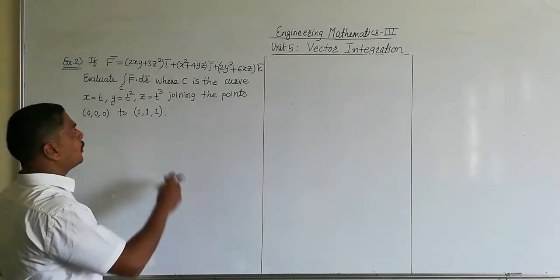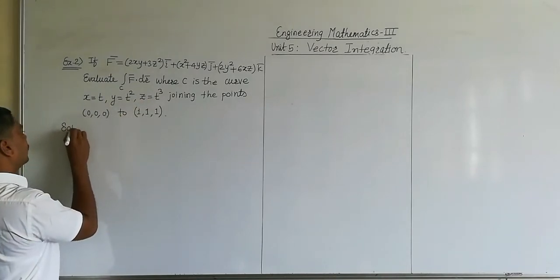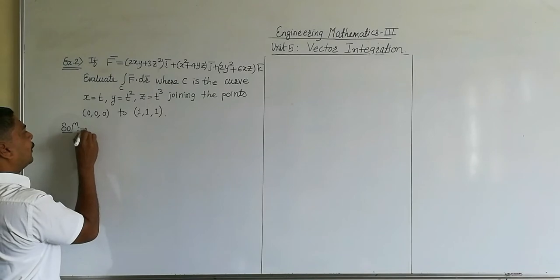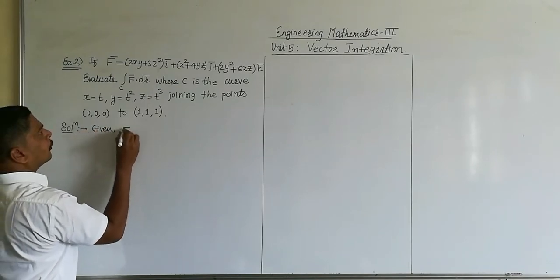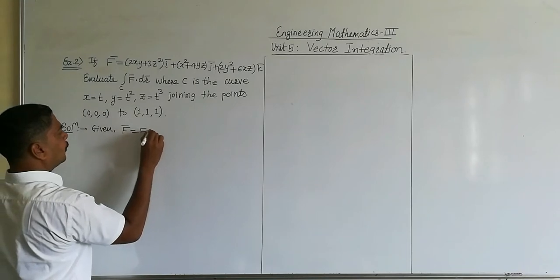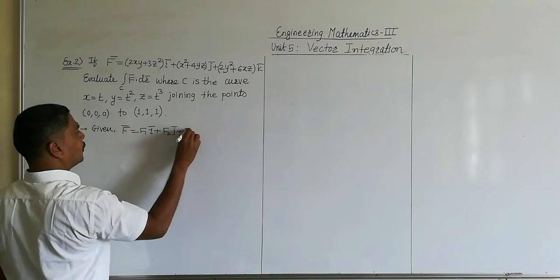Okay. So here we have given parametric equations of x, y, z, right? So first of all I will write given f bar is equal to f1 i bar plus f2 j bar plus f3 k bar.